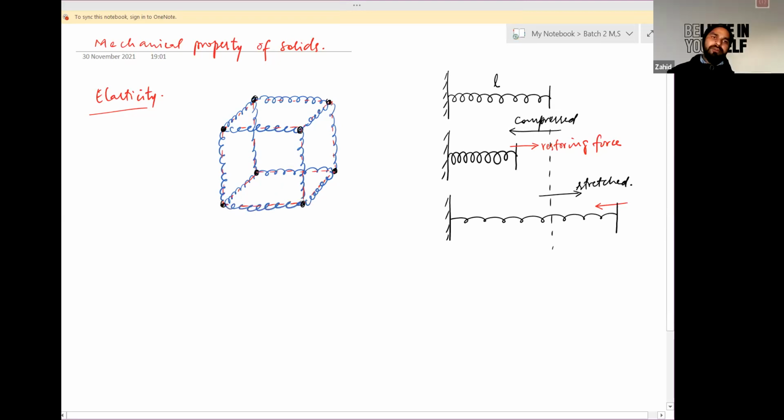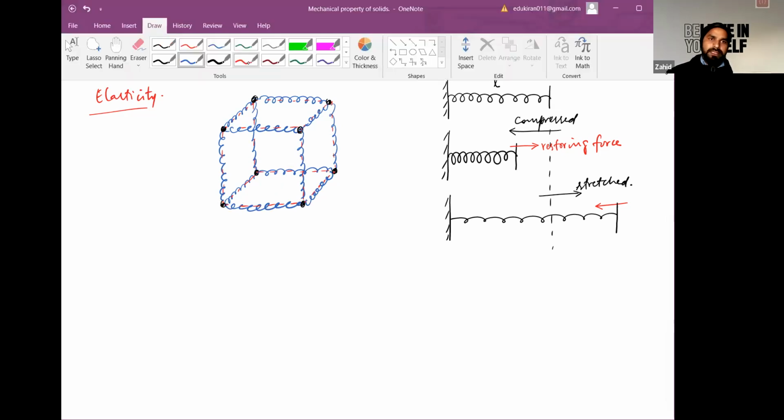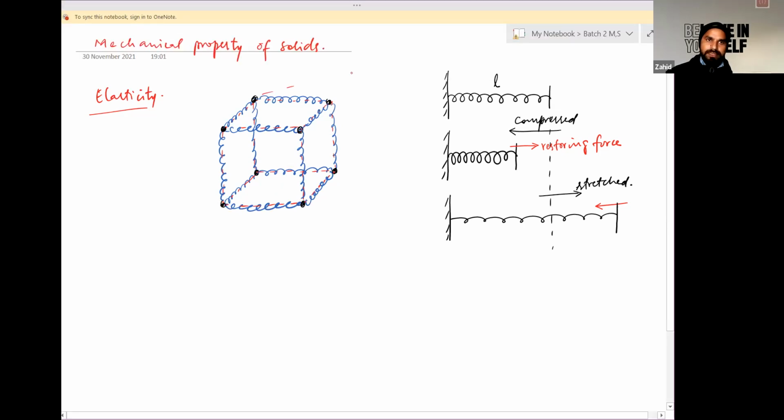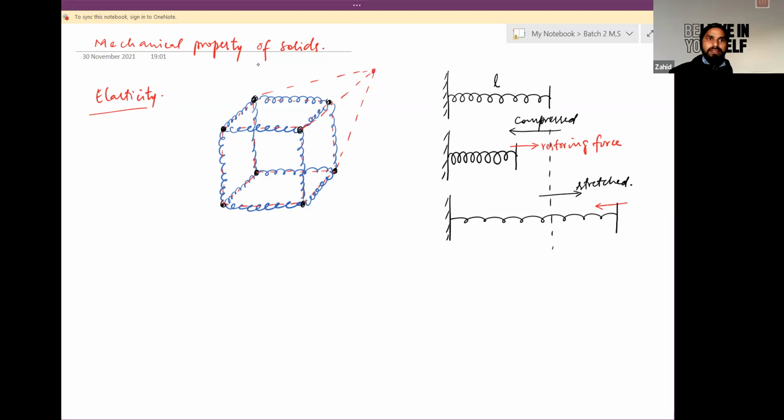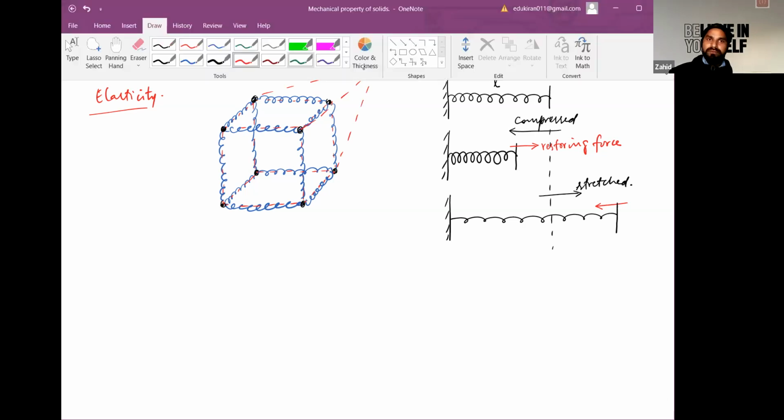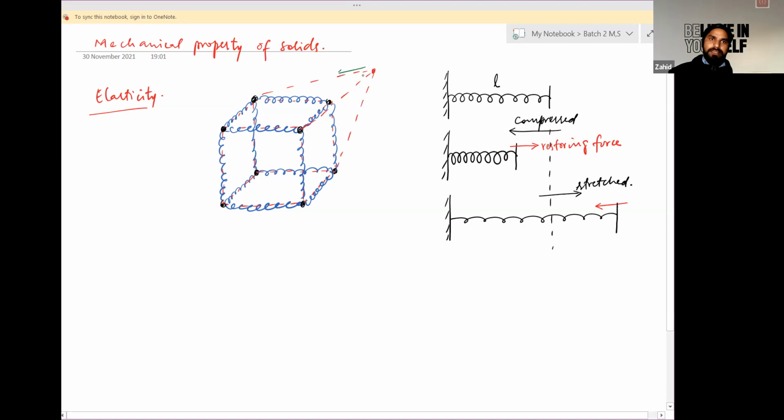So if you apply any deforming force to any one side to deform it, let's say along this direction, to stretch it up to this point, there is a tendency of this solid to develop a restoring force along this direction, which will tend to bring this deformation back to its original state.